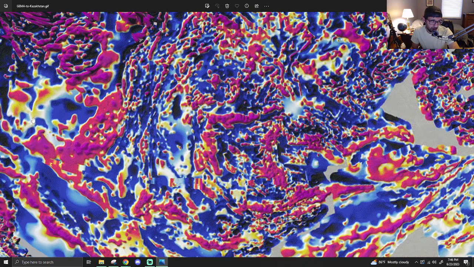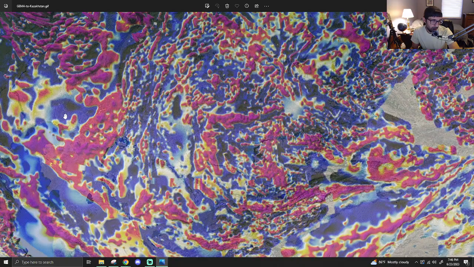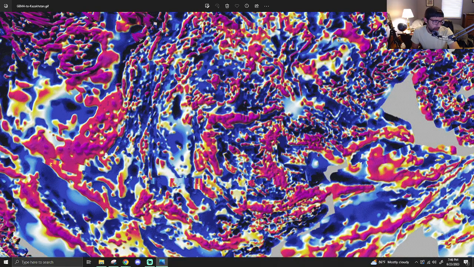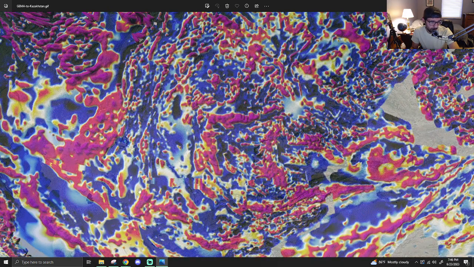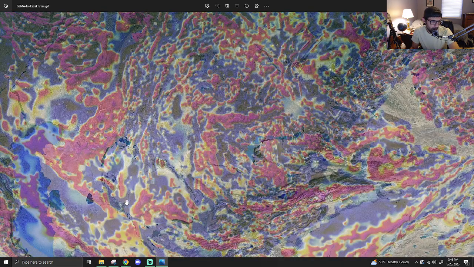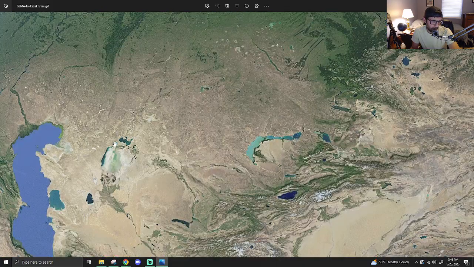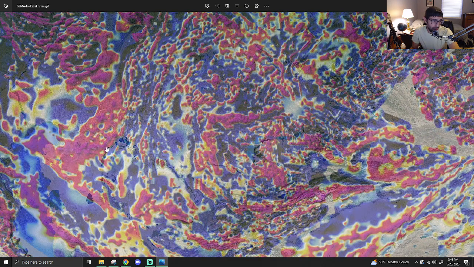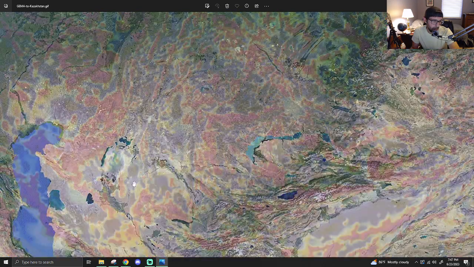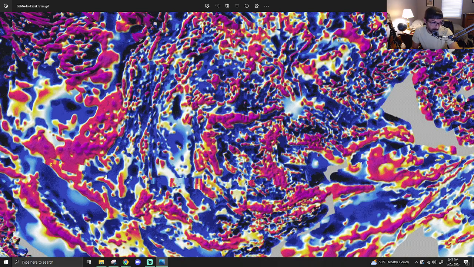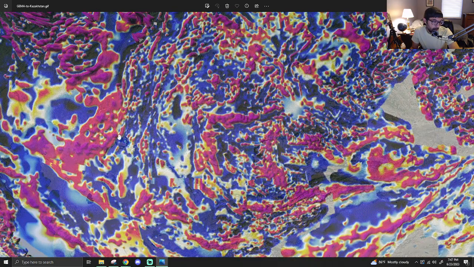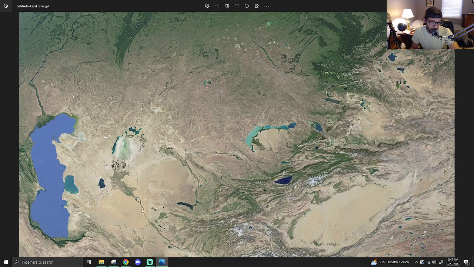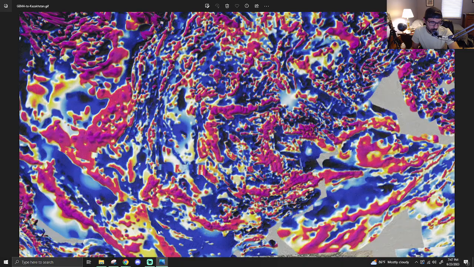This is an interesting relationship to Caspian Sea. Also, this region, like it's right now, I think it's the Aral Sea or something that's drying out. But it probably was much more like this. It's probably just drained out. It went out this way.